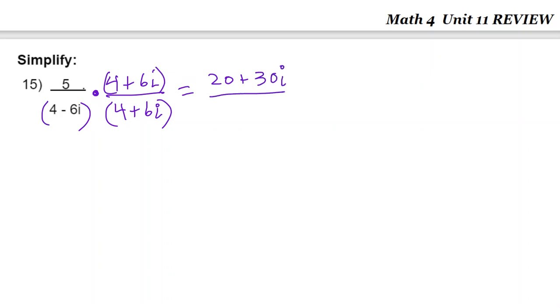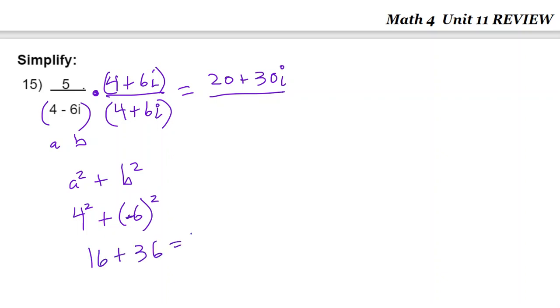And across the bottom, these are conjugates, which means that we're going to wind up with a squared plus b squared, which is going to be 4 squared plus -6 squared, which is going to be 16 plus 36, which is 52. Now, when I bring that up here, everybody in there is even, so I know 2 will go into it. By the time I reduce by 2, 26 is 2 times 13, and 15 is 3 times 5. So there's nothing in common with those two guys, so we'll stop there.